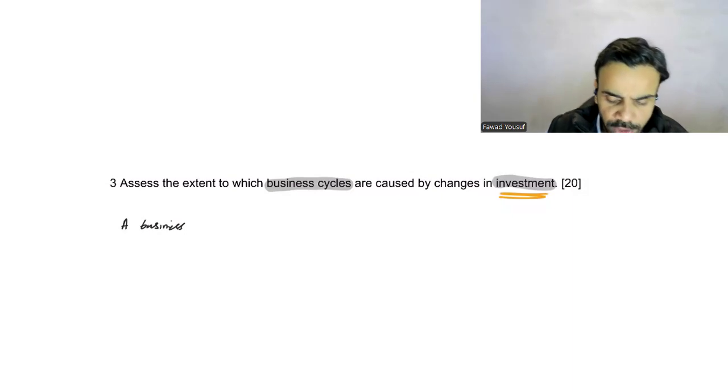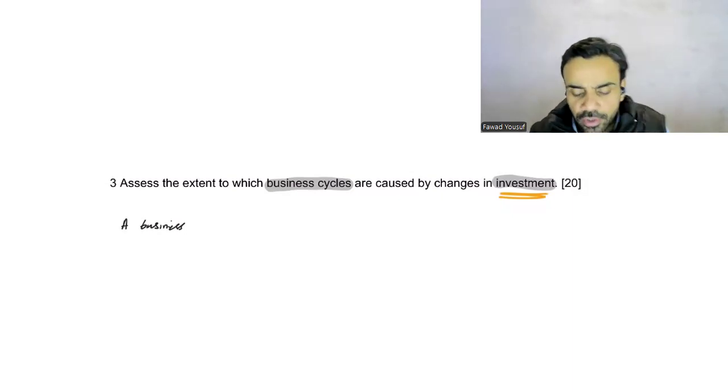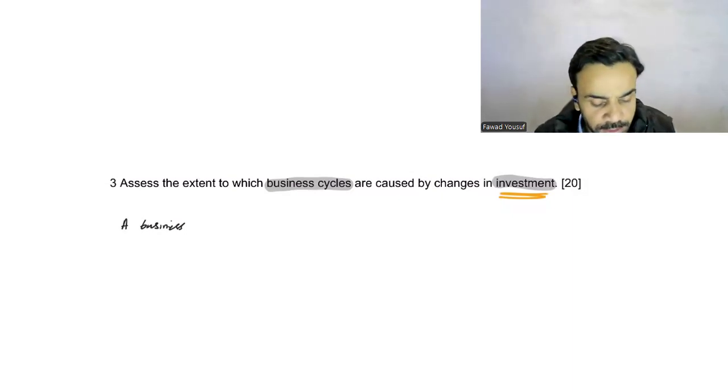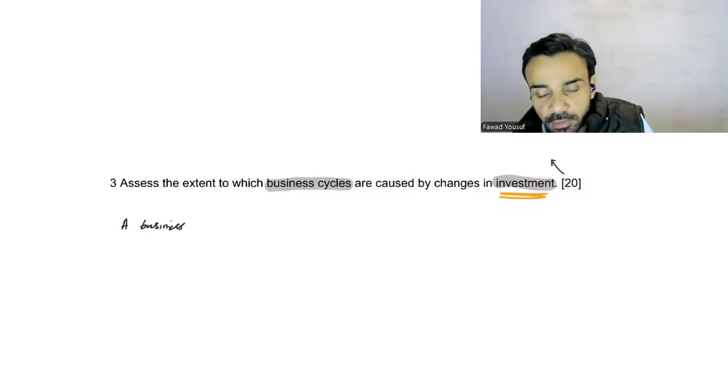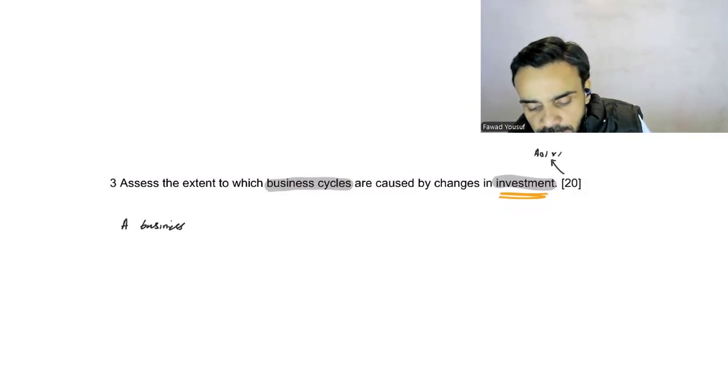So assess the extent to which business cycles are caused by changes in investment. By the way, just to break down again one more time, your assessment objective one and assessment objective two collectively are graded for 14 marks, and your evaluation, which is your assessment objective three, is graded for 6 marks.